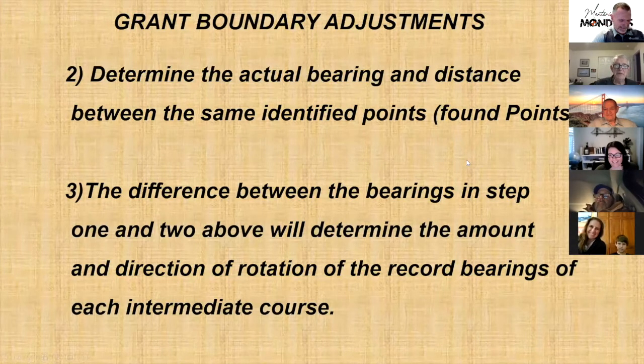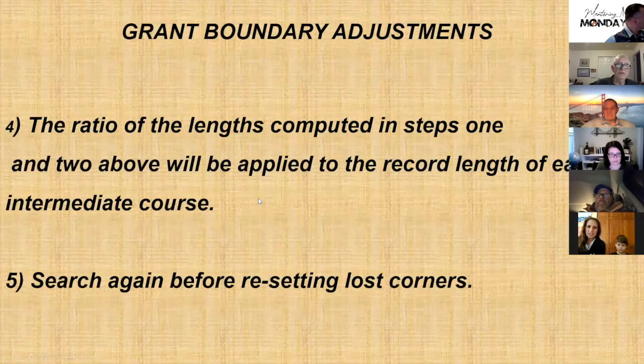So the difference between the bearings in steps 1 and 2 above will determine the amount and direction of rotation of each intermediate course. The ratio of the lengths computed in steps 1 and 2 above will apply to the record lengths of the intermediate courses.